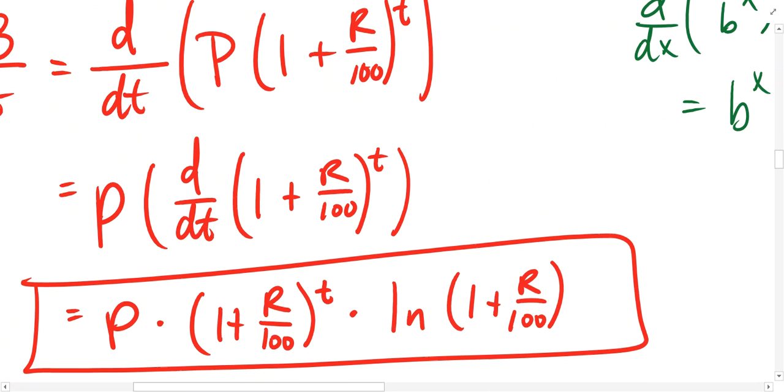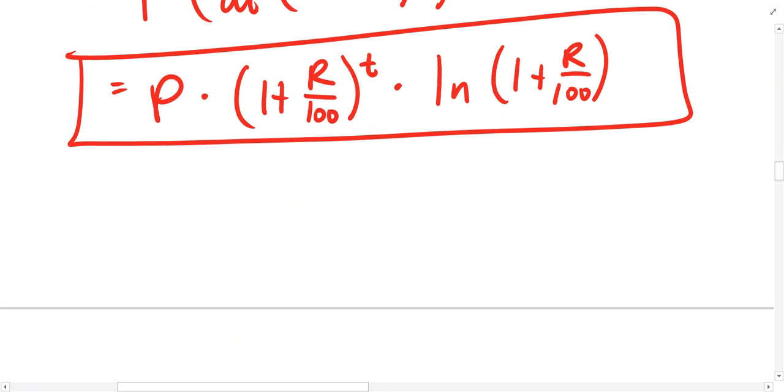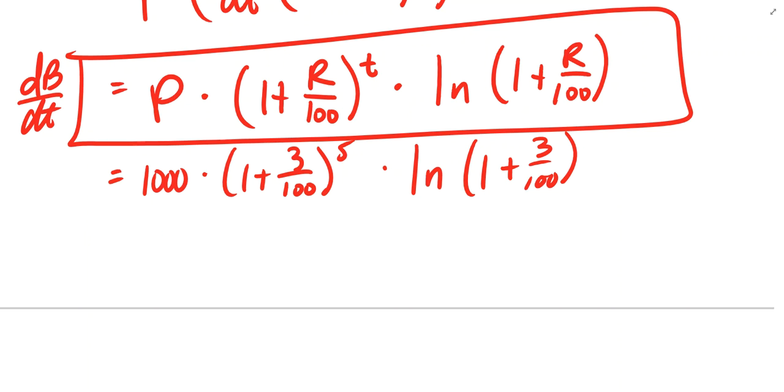What we've expressed down here is an expression that helps us determine the value of dB/dT. And if I make the substitution here, these are the same values from the expression before, $1,000 invested at 3% interest for 5 years. This calculated result returns 34.27.